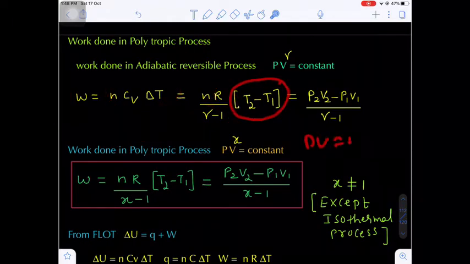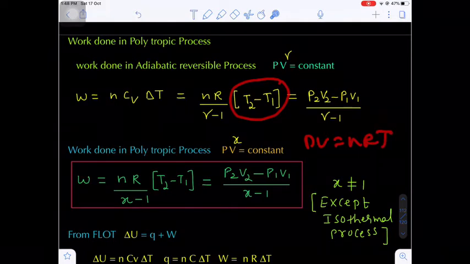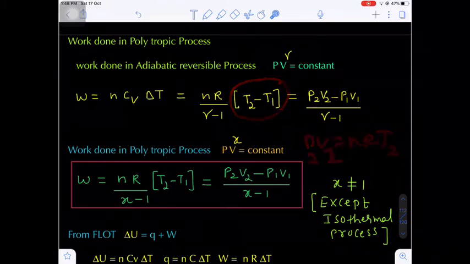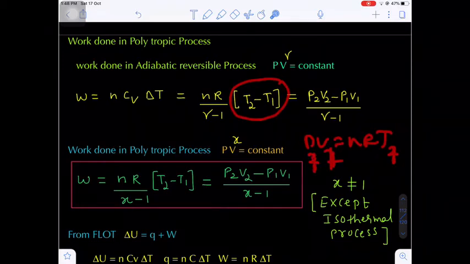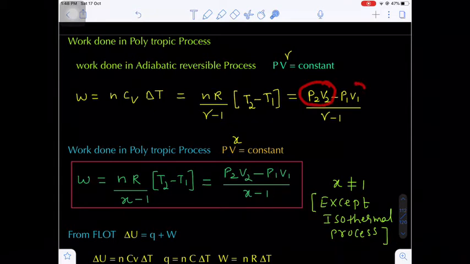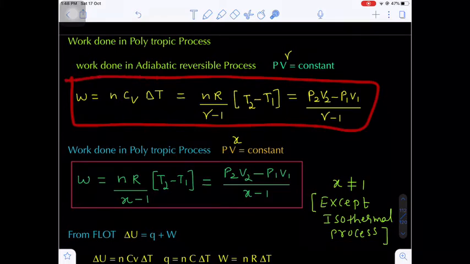Do you know the PV equal to nRT expression? If the temperature is T2, then pressure changes to P2, volume changes to V2. If you bring T1, then P1 and V1. So nRT2 minus nRT1 is nothing but P2V2 minus P1V1. So this is the work done expression for an adiabatic reversible process.